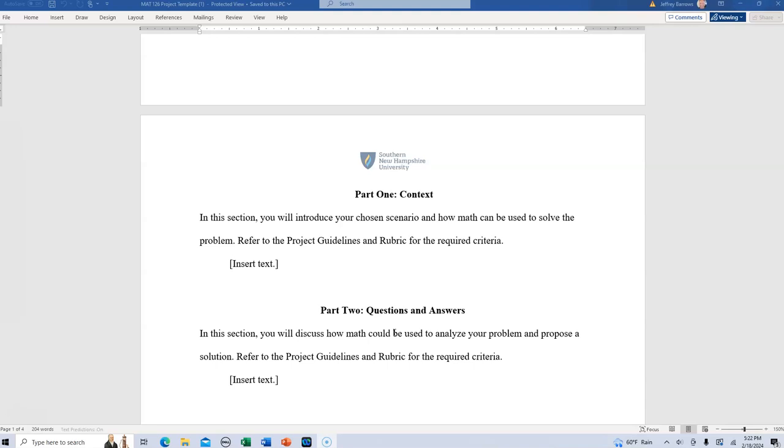If that is not clear up front, it's easy to get off track and it's easy to start putting all sorts of information in here that does nothing more than distract the reader, in this case me, the reader and the grader, from what it is you're trying to accomplish here. So before you start putting together your final product, I think you should sit down and re-clarify in your mind precisely what the question or questions are that you are trying to address.